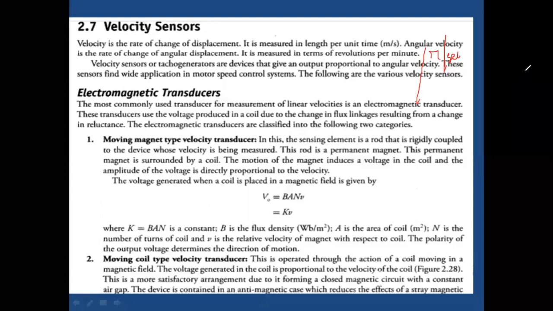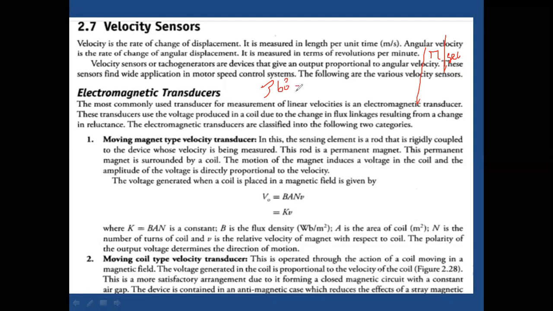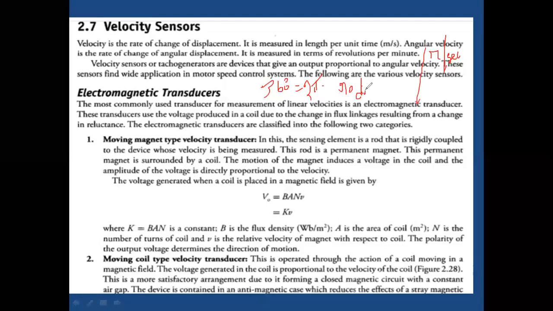As we know, 360 degrees equals 2 pi radians. How do we transfer linear velocity into angular velocity?